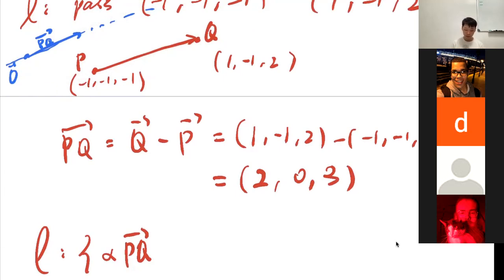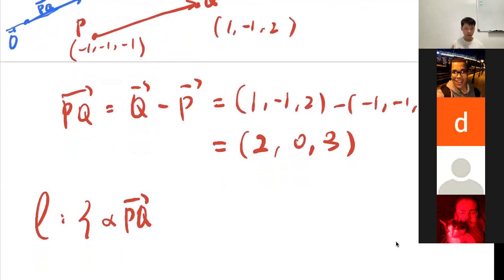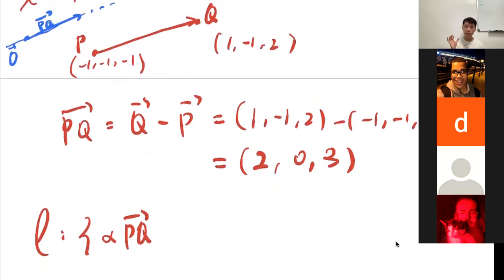So this is the first step: you span the vector PQ. However, this doesn't give you the actual line, because it doesn't contain either P or Q.